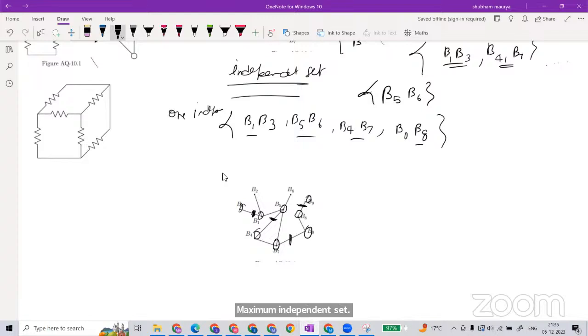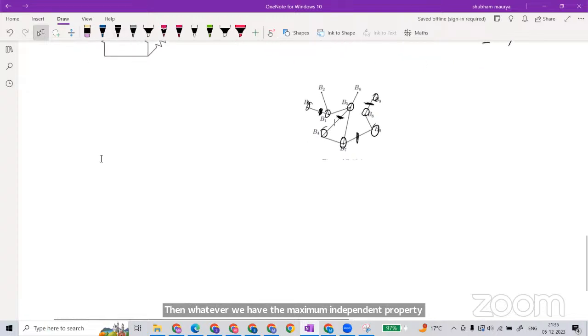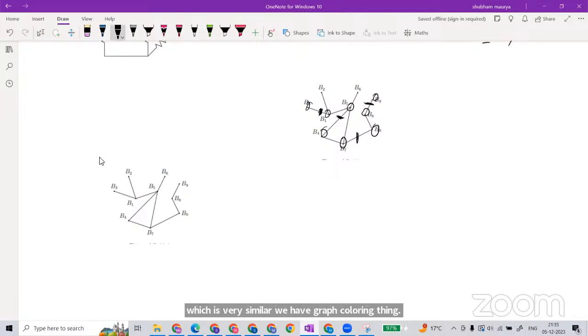Then, similar to the maximum independent set, we have the graph coloring problem. What is graph coloring? If we color this vertex red, then you cannot color the adjacent vertex with the red color.